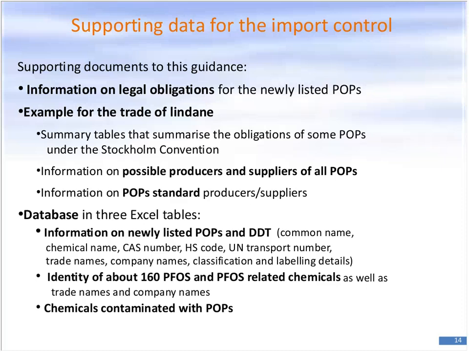The names of this chemicals group are not explicit in the convention text or annexes, but there is a list of 160 possible chemicals, sometimes with trade names and company names, in another Excel table. Another list identifies chemicals that are contaminated with POPs.